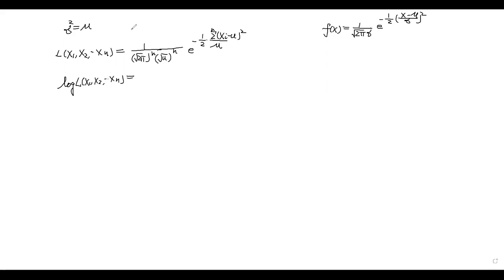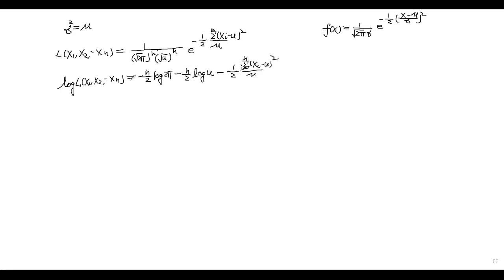By using the log properties, I will have negative n over 2 times log of 2 pi, then minus n over 2 times log mu, and then the log and e cancel, so this will be minus 1/2 times 1 over mu times the summation of xi minus mu squared.